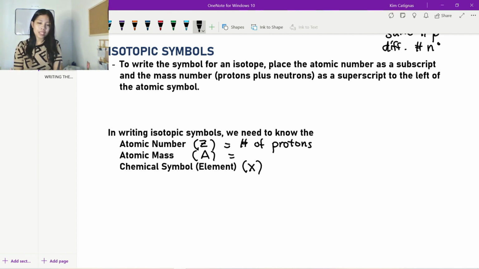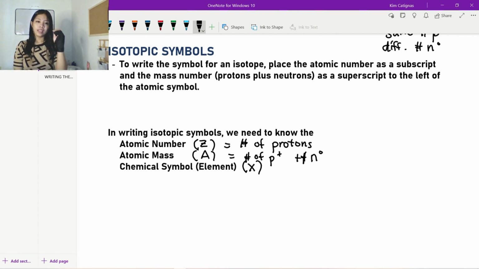Ang atomic mass po is actually the sum of the number of protons plus the number of neutrons. Yan, number ng protons plus number of neutrons. So, ibig sabihin, in short, pwedeng yung atomic number niya plus yung number ng neutrons.